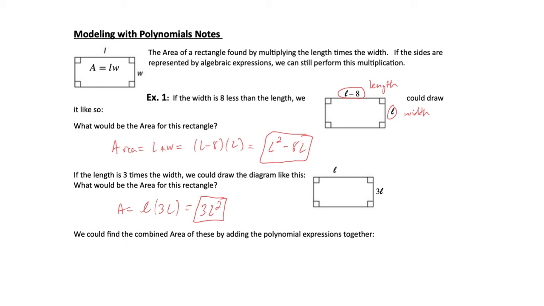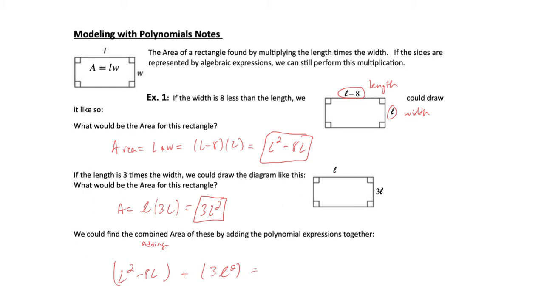Now it says we could find the combined area of these two pools. If we pretend that both these squares are pools, we find the combined area by adding their areas together. So it'd be L squared minus 8L plus 3L squared, and then you combine like terms.